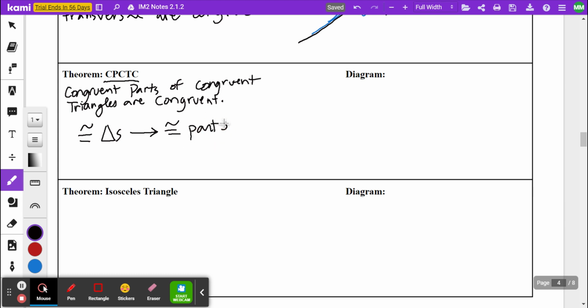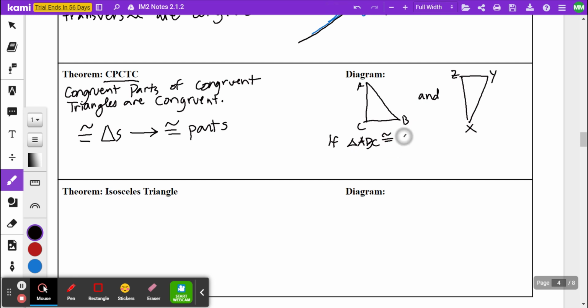Here's a diagram. Given triangles A, B, C, and Z, Y, X, if triangle ABC is congruent to triangle XYZ, then angles A and X are congruent.